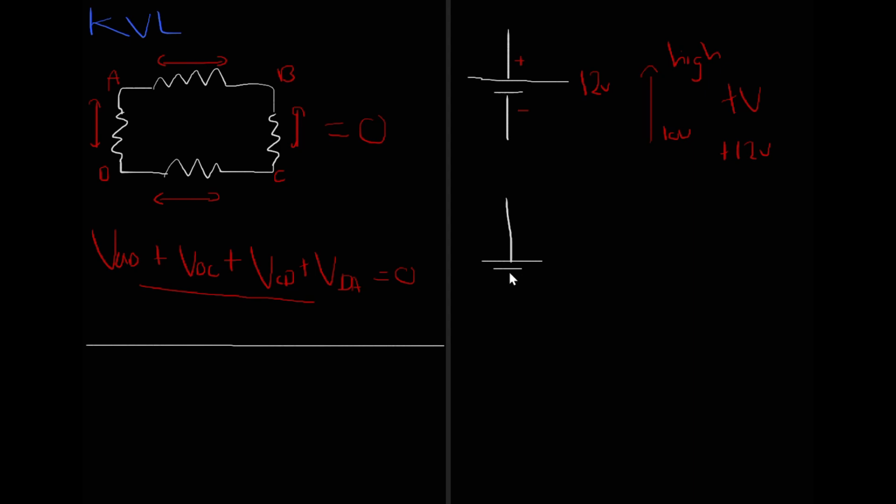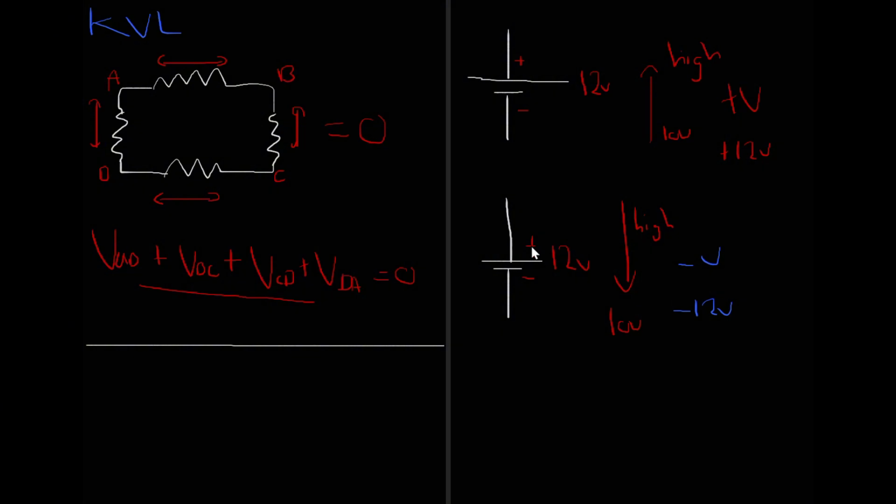Now let's say that we have another positive, so like that, and let's say it's another 12-volt battery, and now let's say that the current is going from high to a low potential. What that basically means is that it's going from positive to negative, and that would mean it's minus V, or minus 12 volts.